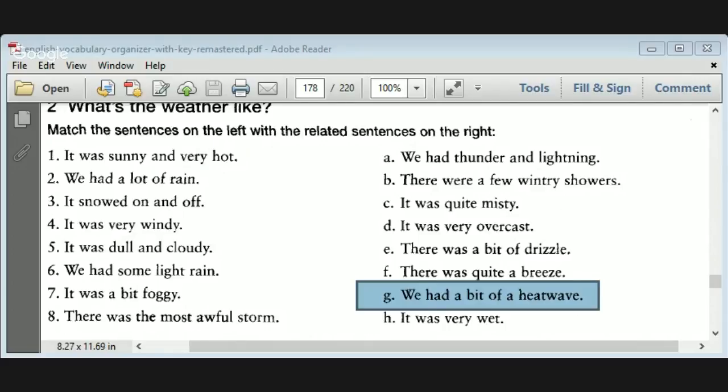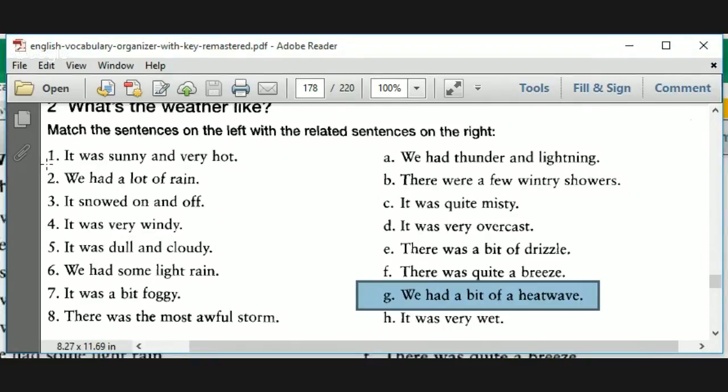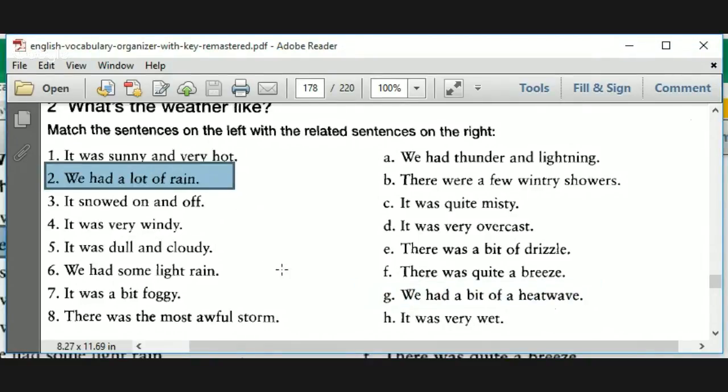Okay, how about the next one, Andre? Number two. We had a lot of rain. So which sentence would that match?